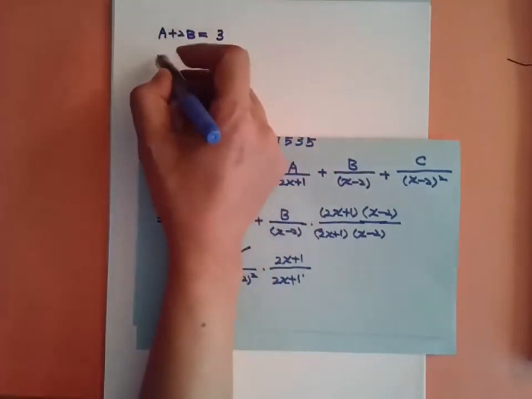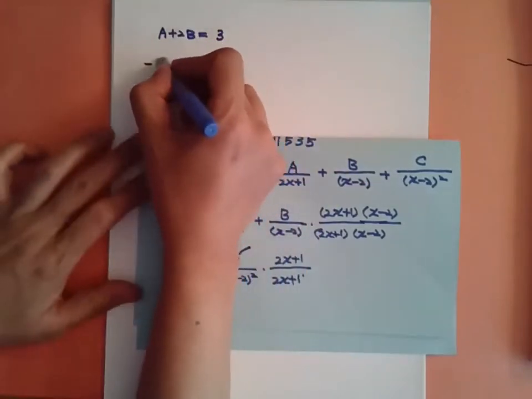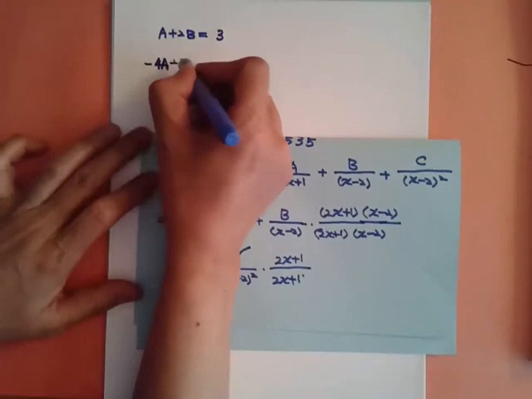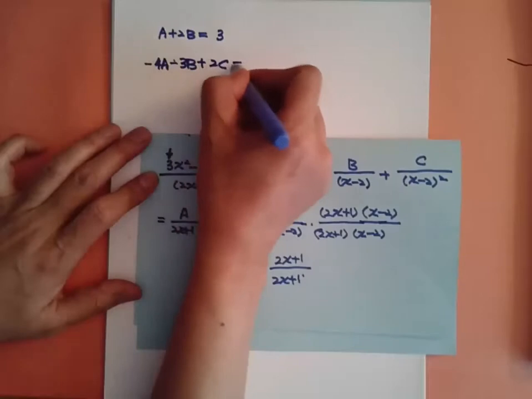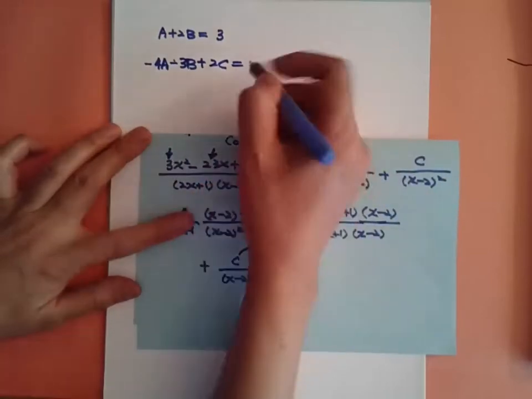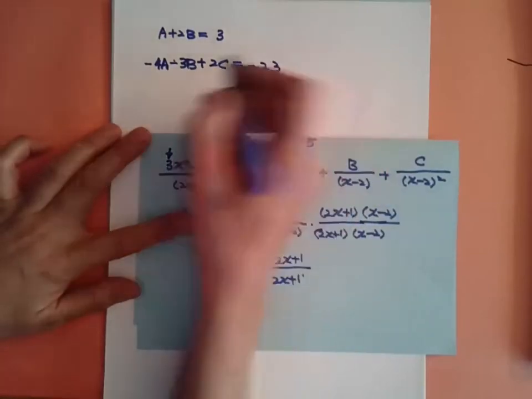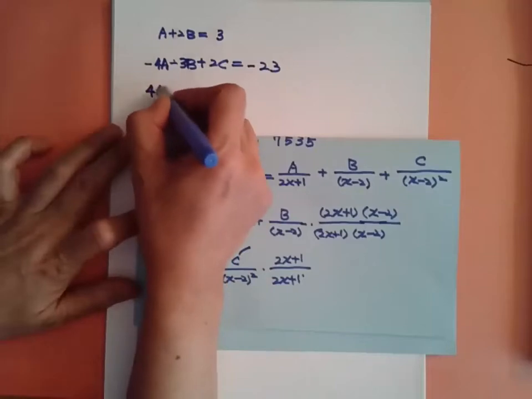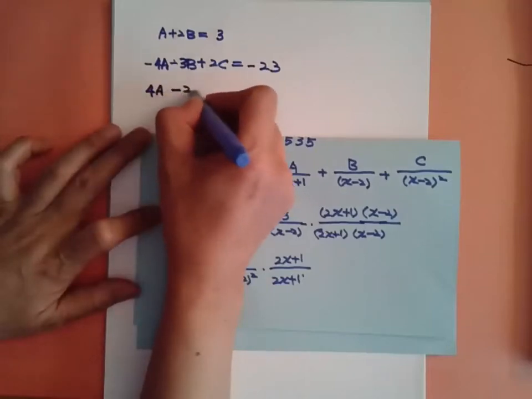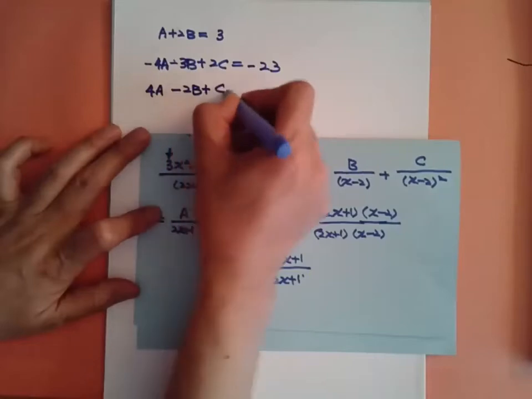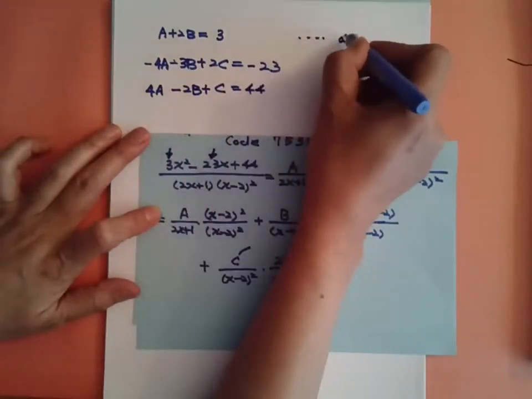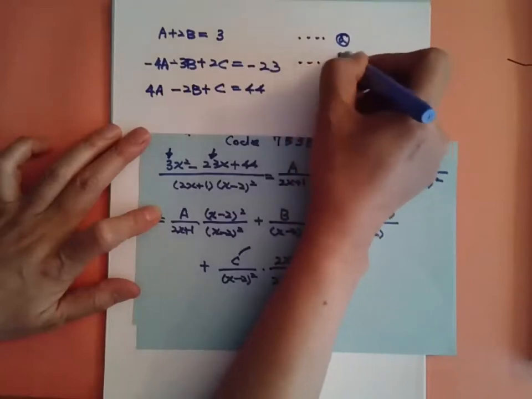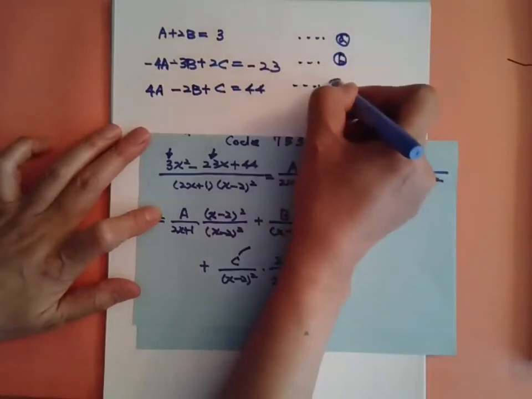The next one is minus 4a minus 3b plus 2c equals the coefficient of x, which is minus 23. And then the constant term is 4a minus 2b plus c equals 44. So we have to solve these equations.